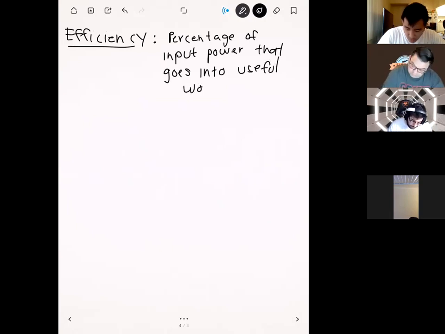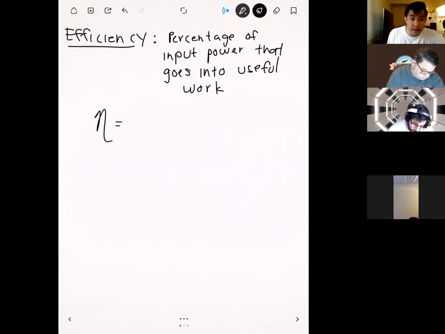The way that we define useful work is anything that's not losses. Losses are called losses because they're energy that's lost to the ether. It gets dissipated as heat, but once you lose energy as heat, it's very hard to get it back.